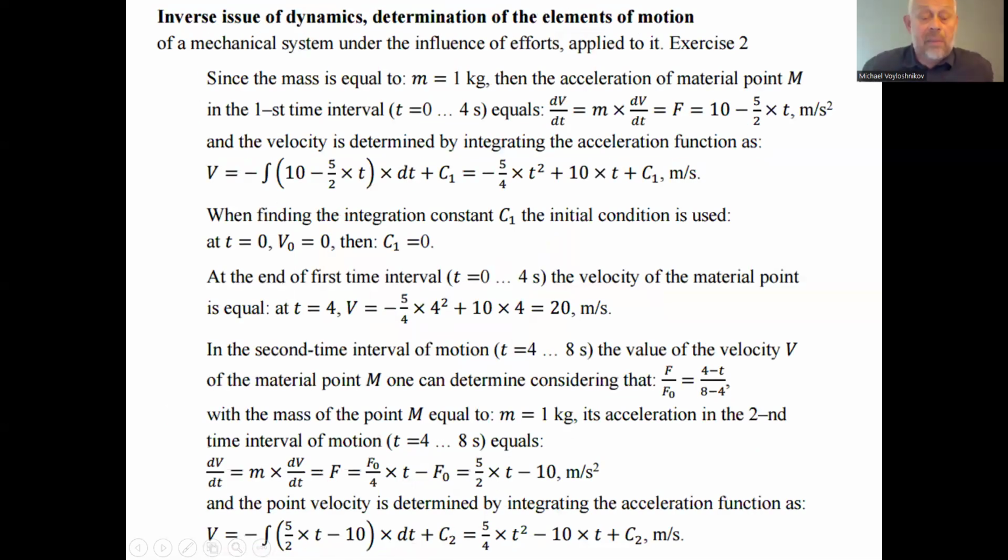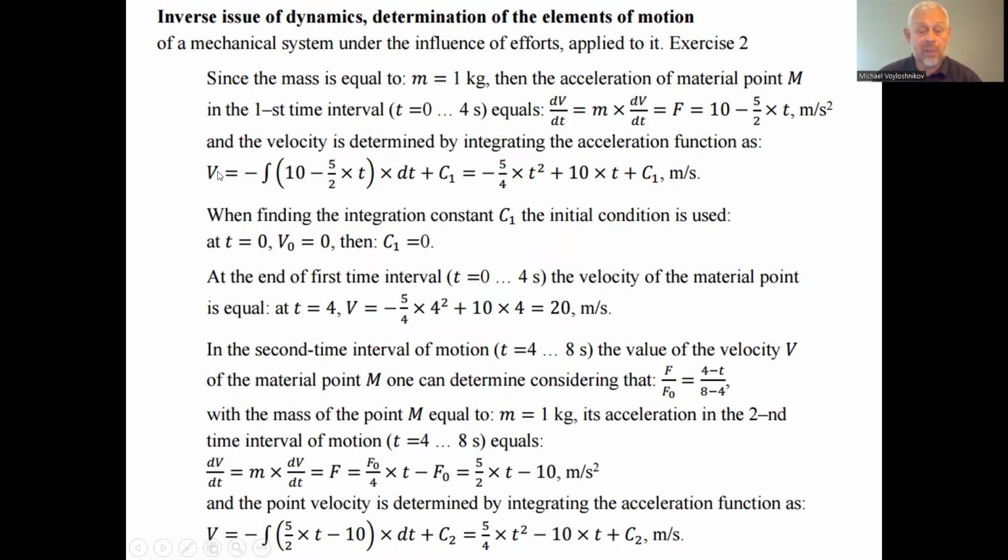And since the mass is equal to 1 kilogram, the acceleration is equal to the force. So the acceleration will be 10 minus 5 divided by 2 multiplied by t, in meters per square second. This is the acceleration.